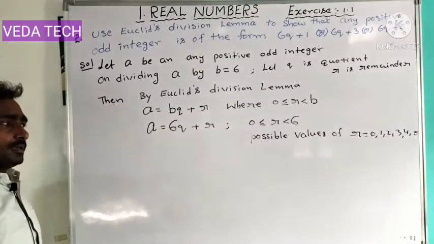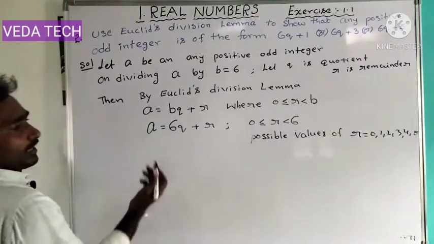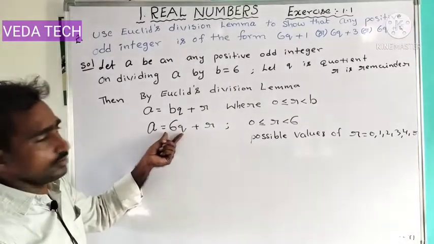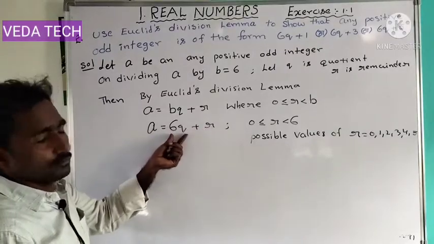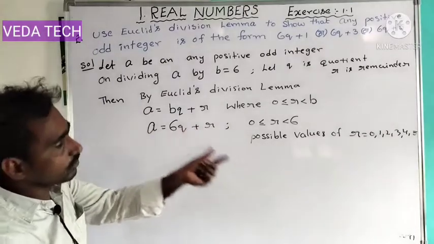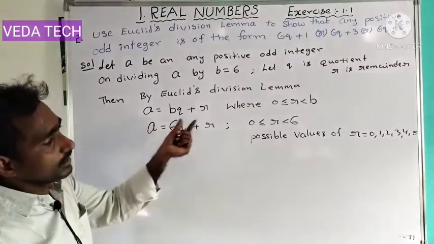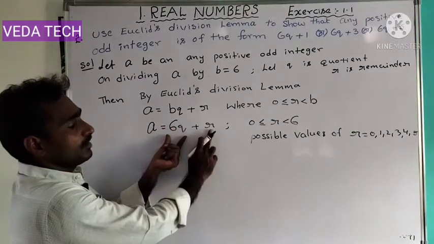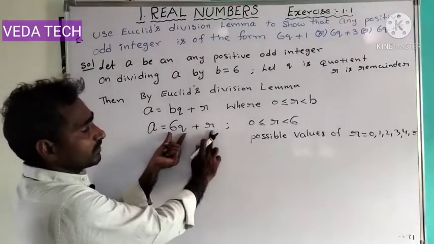If r is equal to 0, then a is 6q. If r is equal to 1, then a is 6q plus 1. If r is equal to 2, then a is 6q plus 2. If r is equal to 3, then a is 6q plus 3. If r is equal to 4, 6q plus 4. If r is equal to 5, 6q plus 5.